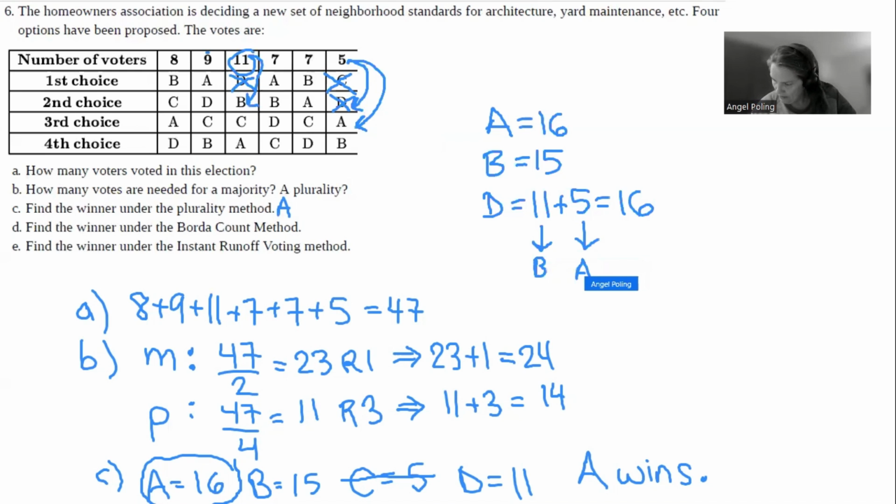So now A is 15 plus 5, and B, oh dang, that was 16 plus 5.